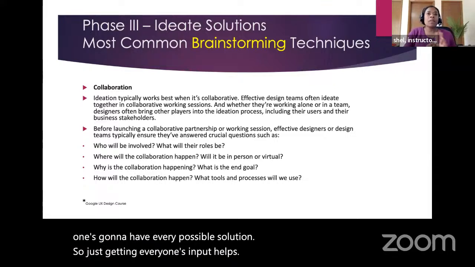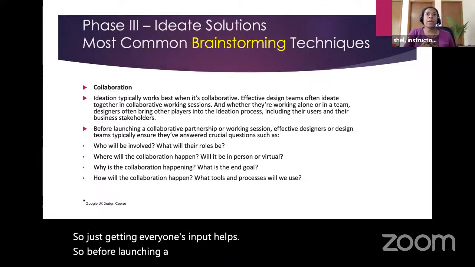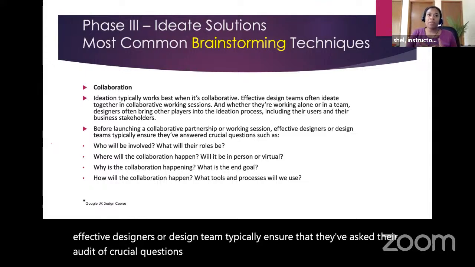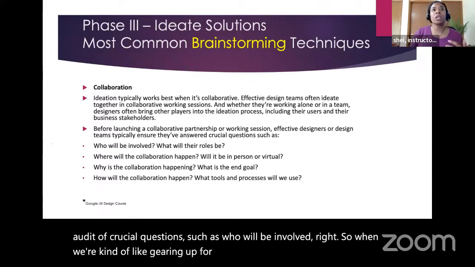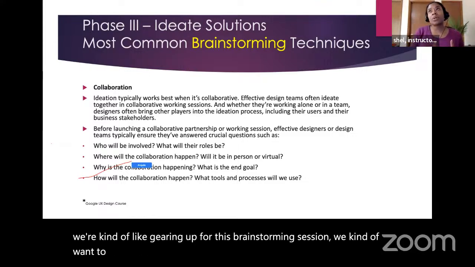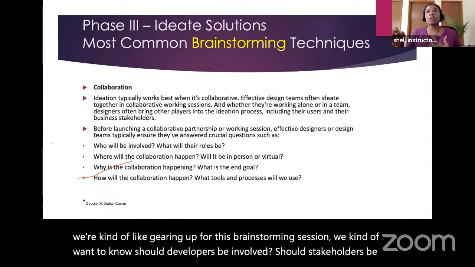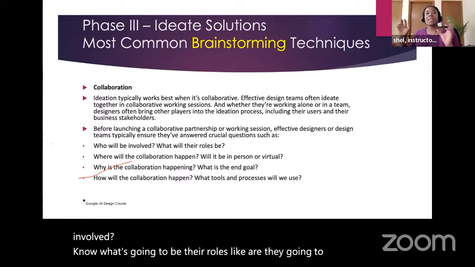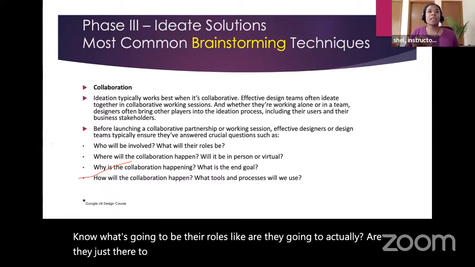Before launching a collaborative partnership or working session, effective designers or design teams typically ensure that they've answered all of the crucial questions, such as who will be involved. When we're gearing up for a brainstorming session, we want to know, should developers be involved? Should stakeholders be involved? What are their roles? Are they just there to listen?